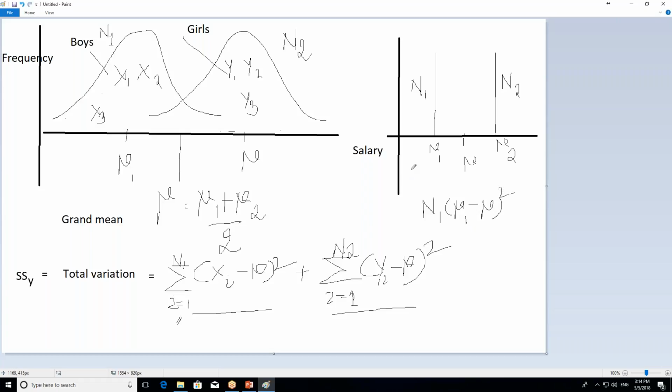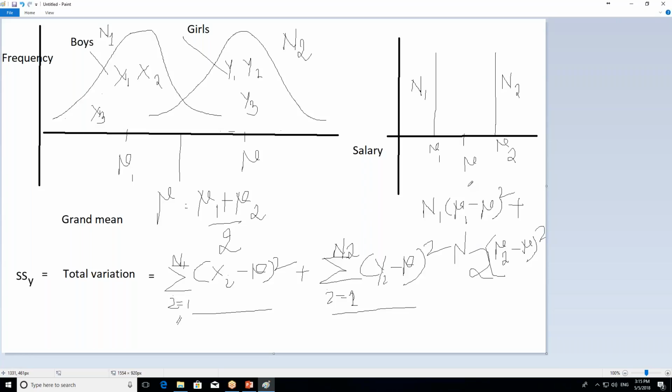For each individual data point, the difference is mu1 minus mu whole square. How many points? N1 points, right? In this case, I have n2 points, times mu2 minus mu square.